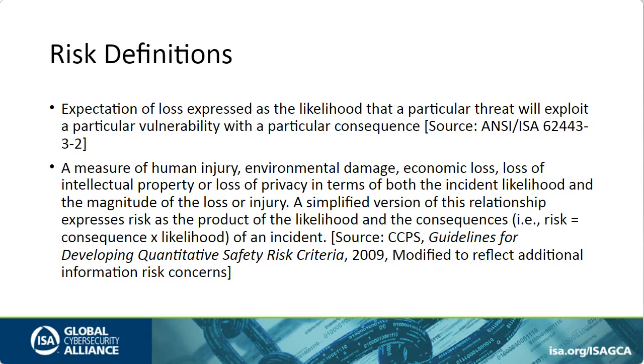A simplified version of this relationship expresses risk as the product of the likelihood and the consequence, i.e. risk equals consequence times likelihood of an incident. That definition is a slight modification to what originally was in the Center for Chemical Process Safety guidelines for developing quantitative safety risk criteria.